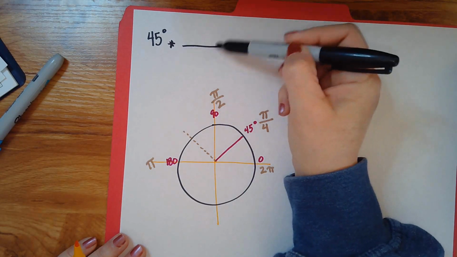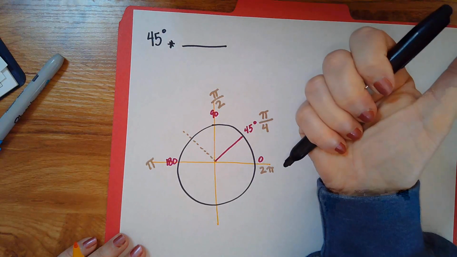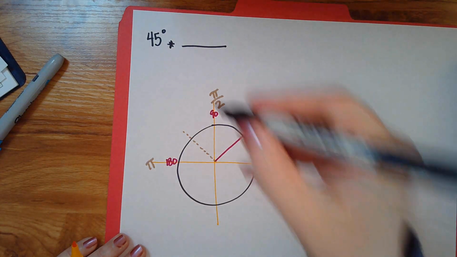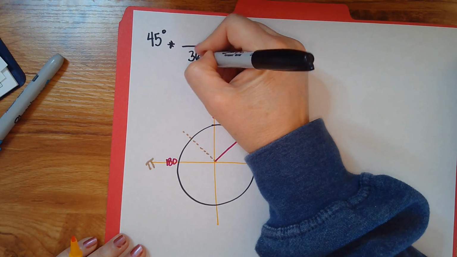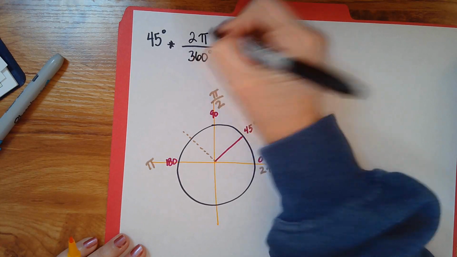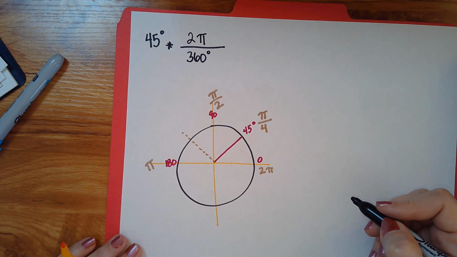So I'm going to put here some conversion factor that I find helpful and know to be true. And that conversion factor that I'm going to use is 360 degrees is the same thing as 2 pi radians. So that is my conversion factor.